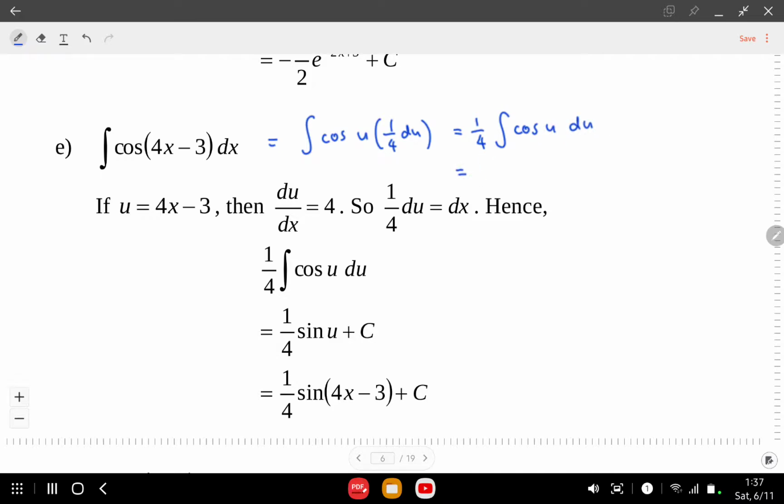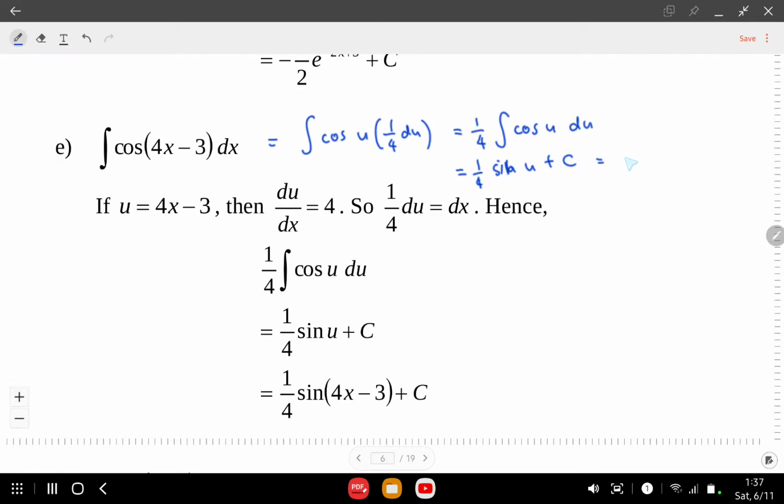Okay, so how to integrate cos u? Cos u macam mana nak integrate? Dia akan jadi sin u. Okay, so no more integral. So we will get sin u plus c.